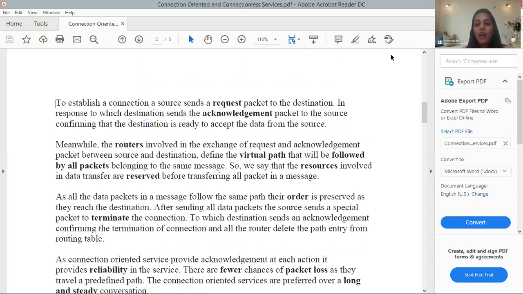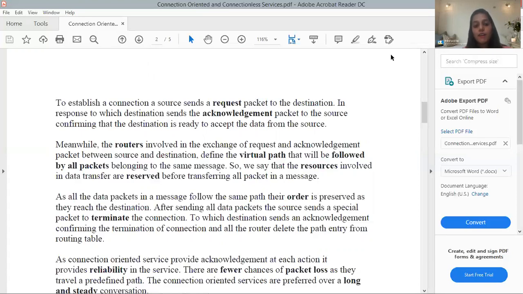Likewise, in a call, if we dial a particular number and the line is busy, it shows the person is already on a call with some other person. The line is reserved for that particular person before I can make a call. So the resources involved in data transfer are reserved before transferring all packets in a message.